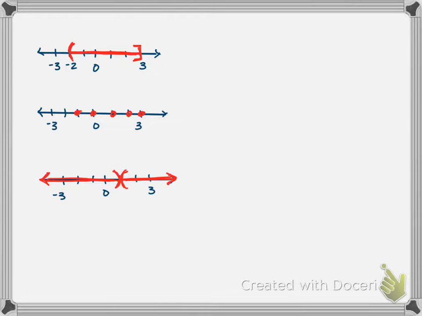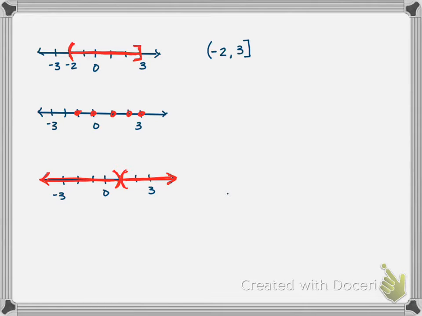The smallest number in this set is -2, which we are not including, and the largest number in the set is 3, which we are including. Inherent in this interval notation is the fact that everything in between is included. So all decimals, all fractions, every single possible number that is between -2 and 3 is included in that set.